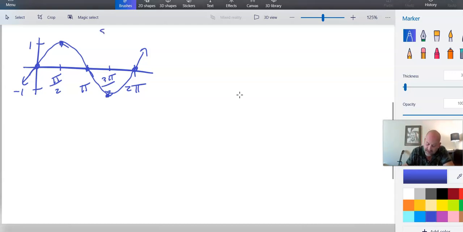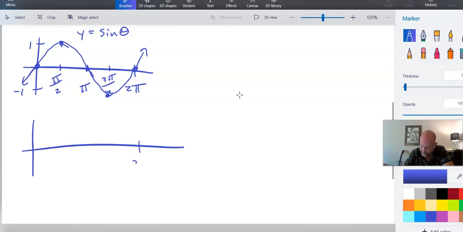So this is sine theta. If I want to look at cosine theta, the same points are important. But this time, we start at 1, go down at pi over 2, down to pi, back up at 3 pi over 2, and then finally top out over here at 2 pi.